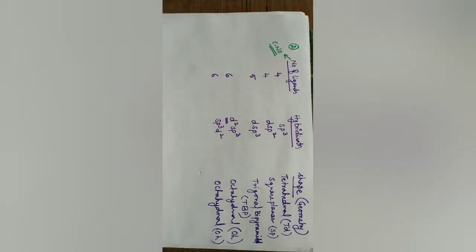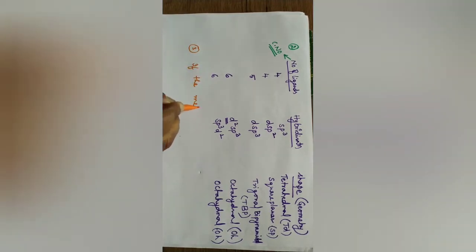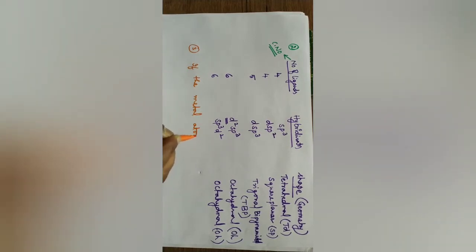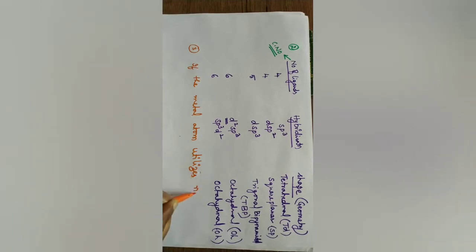The third point: if the metal atom utilizes (n-1)d orbitals, you call it an inner orbital complex, IOC.